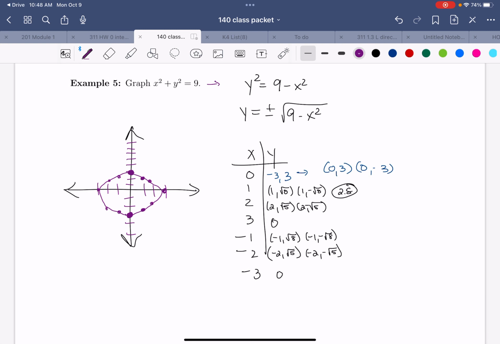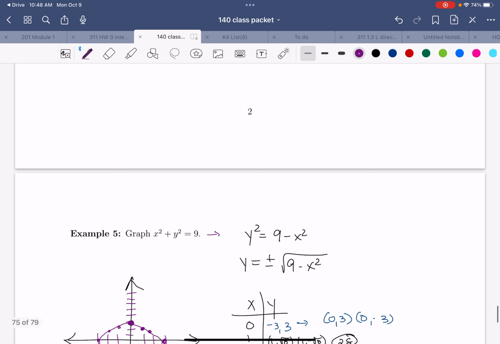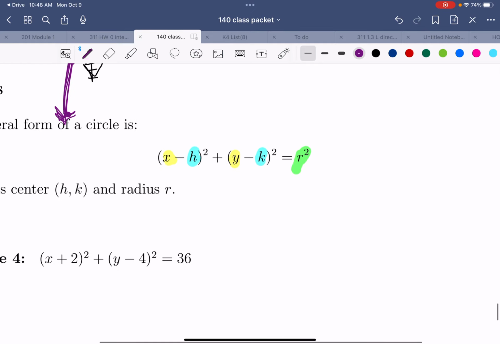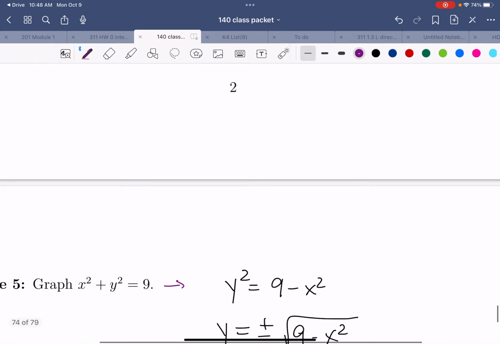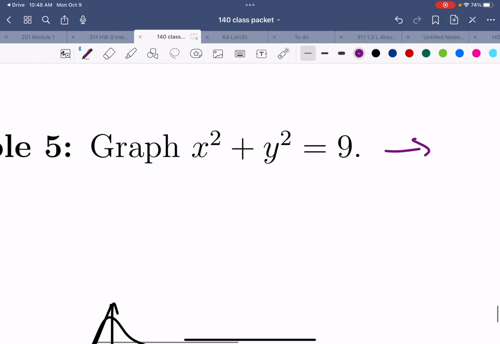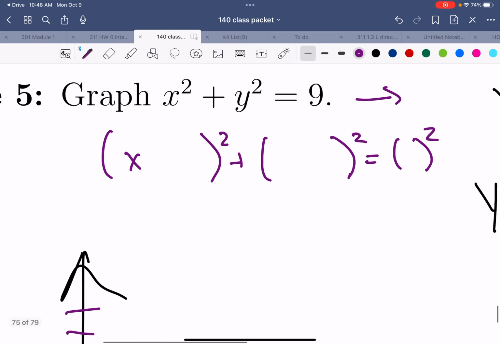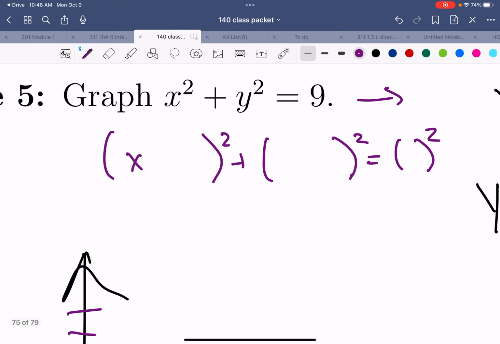So now what you noticed before is that I gave you this format for what a circle looks like. It's x minus some number squared and y minus some number squared, and then a radius squared. So if I look at that one here, and I create the format, x squared is x minus 0 squared because it simplifies down to just x squared.